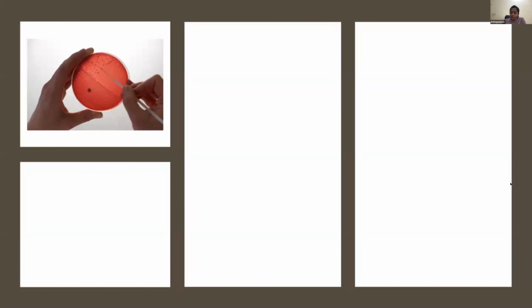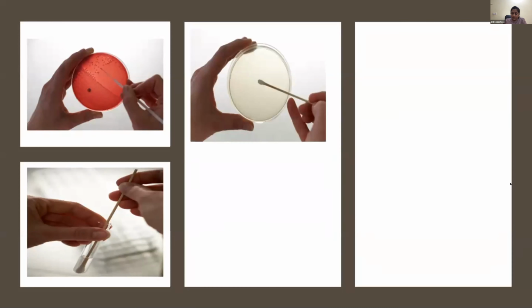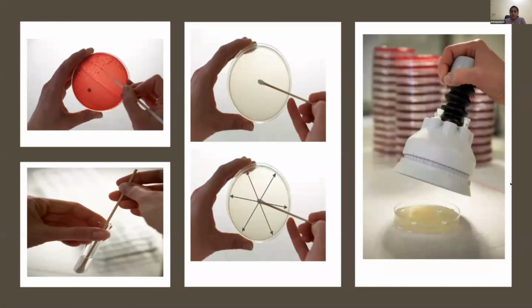The first important component is picking up the right type of colonies. Especially when you have a mixed growth, it is important to pick up morphologically similar colonies and not otherwise. It has to be picked up from a non-selective medium. Next is inoculum preparation, lawn culture, and then inoculating the disc on the Muller-Hinton agar.